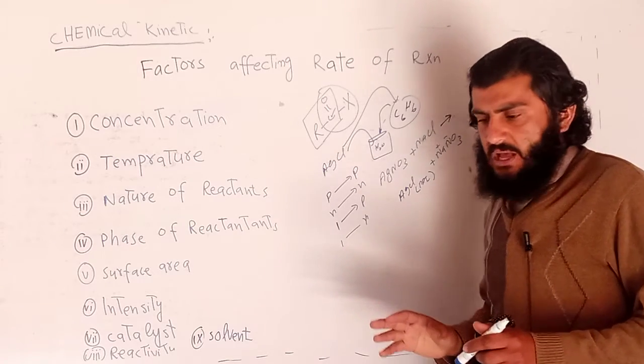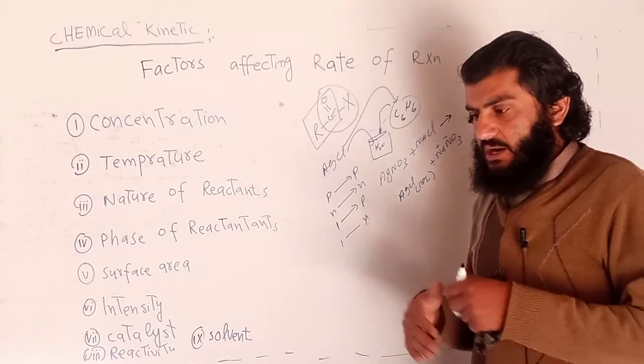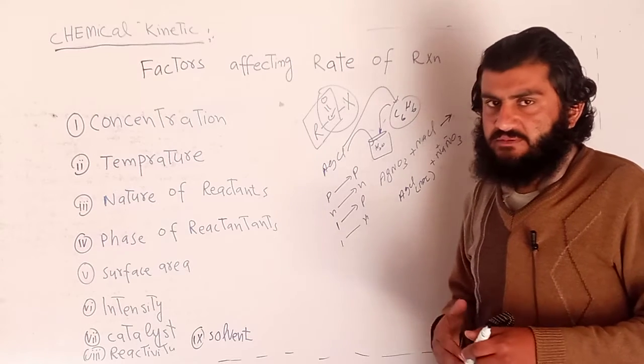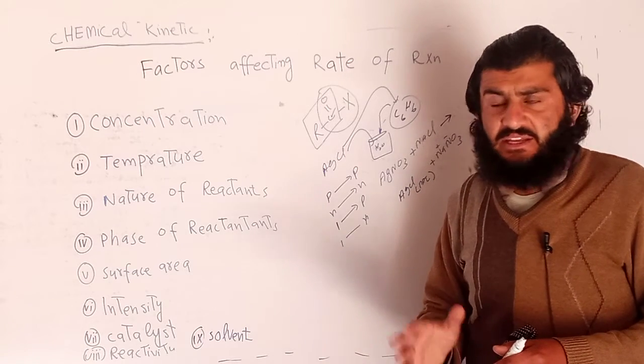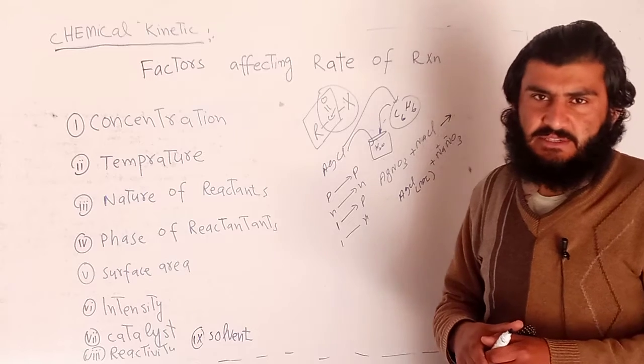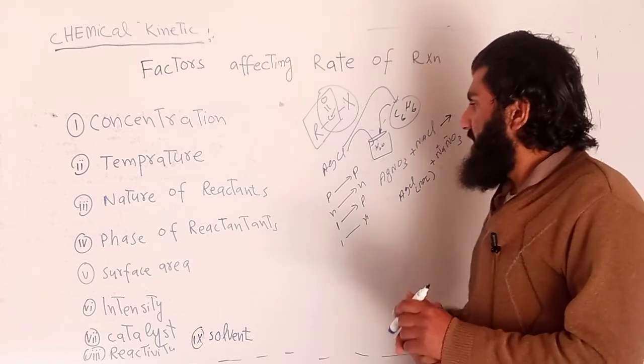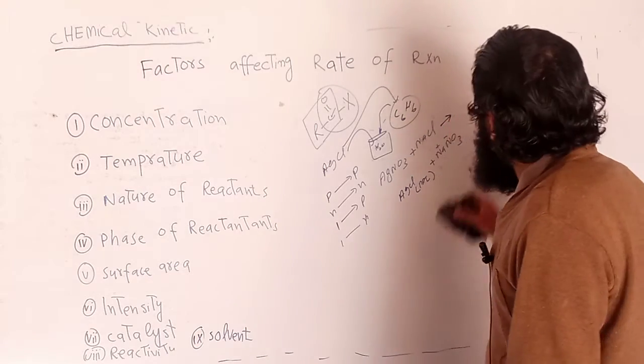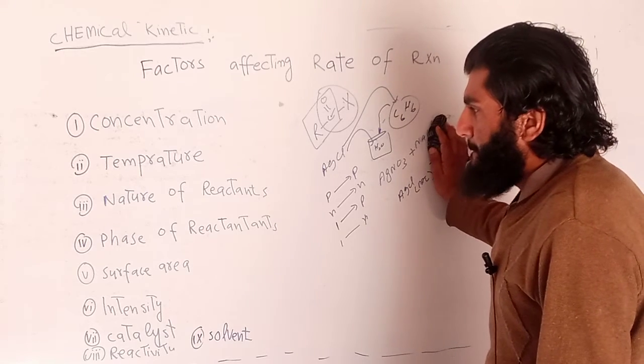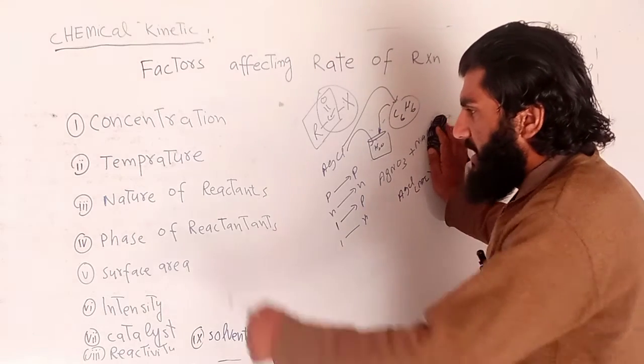You should understand that ionic substance can react with polar substance, ionic cannot react with non-polar substance. Clear? So again, the other one, what is it?